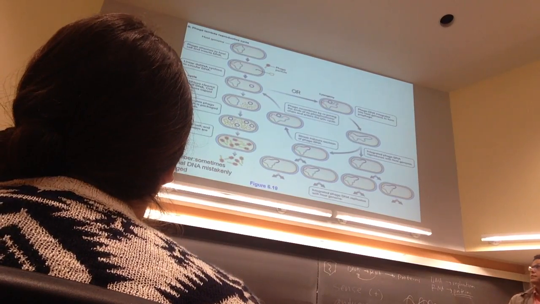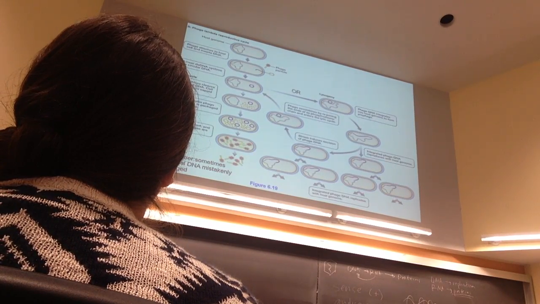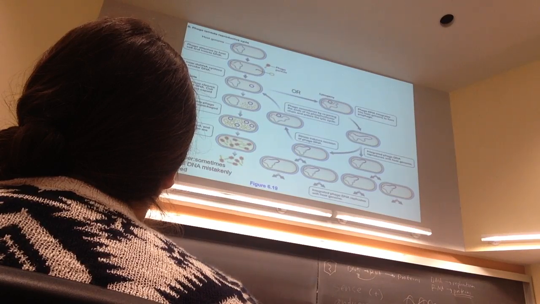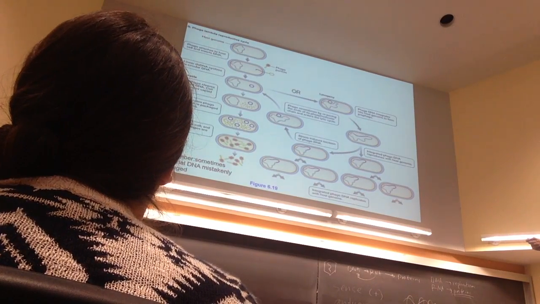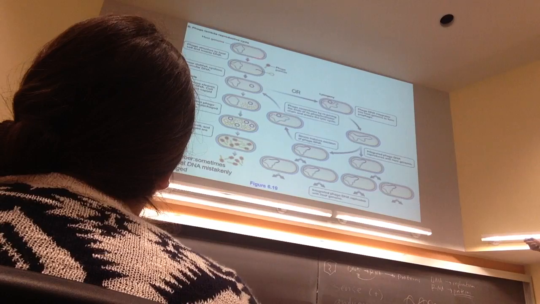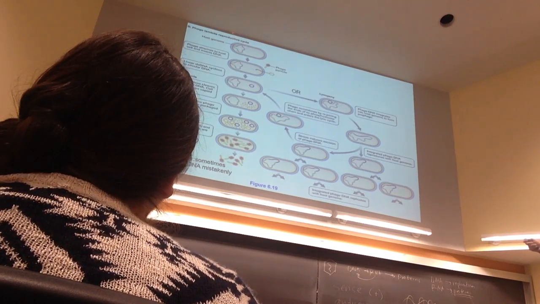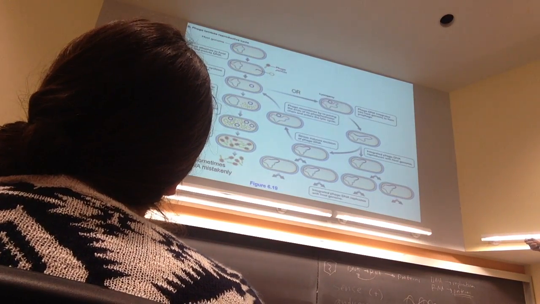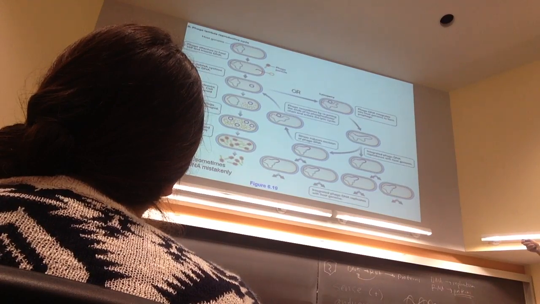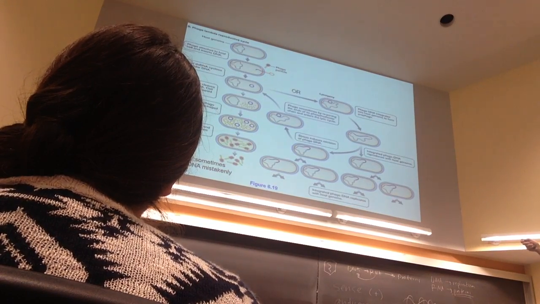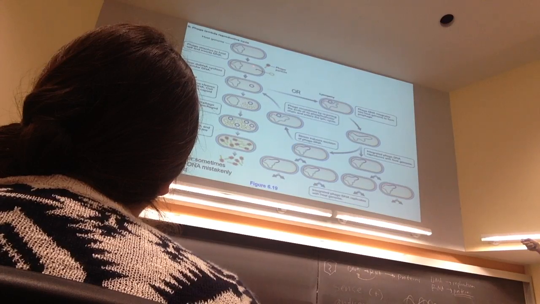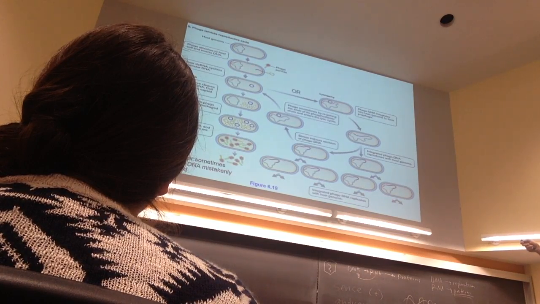And again, this is a central figure to understand the two different life cycles. Here we have the host genome. This is the bacteria. This is the genome, or the chromosome. And we have a phage particle. The phage particle attaches to the cell and injects its nucleic acid, in this case DNA.